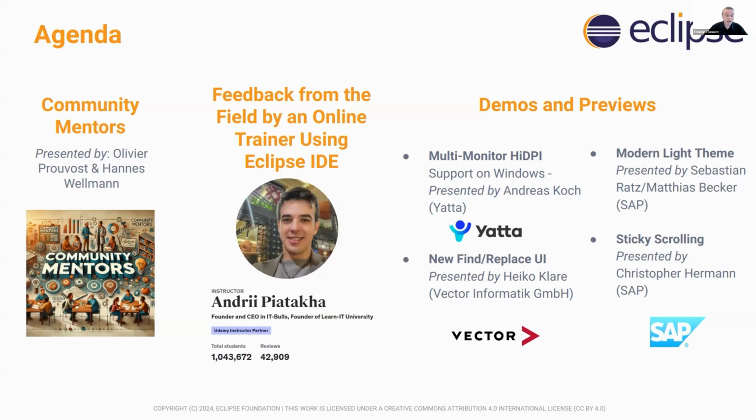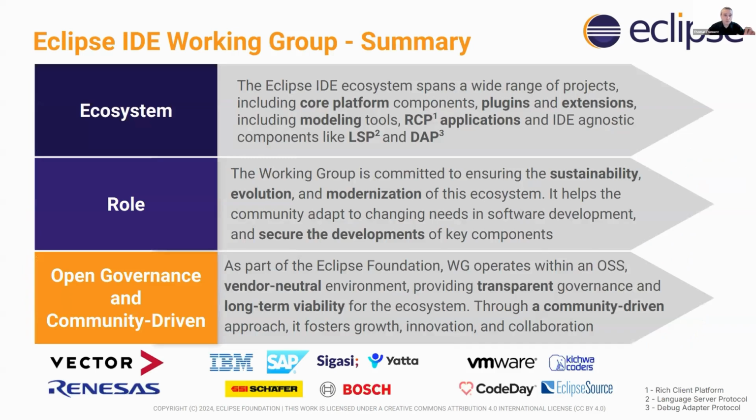What these companies have in common is that they are all members of the Eclipse IDE Working Group. The Eclipse IDE Working Group is the place in the Eclipse Foundation that takes care of what we call the Eclipse IDE ecosystem.